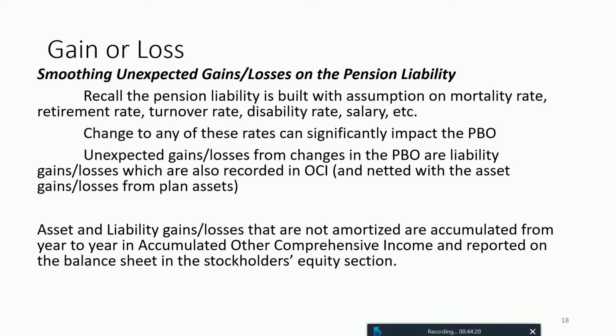Asset and liability gains and losses that are not amortized are accumulated from year to year in accumulated other comprehensive income and reported on the balance sheet in the stockholders' equity section.